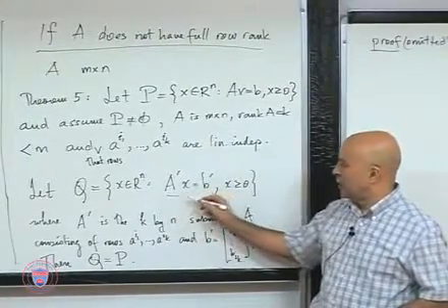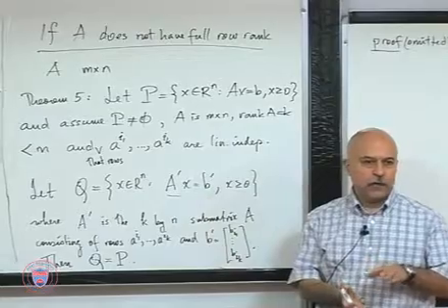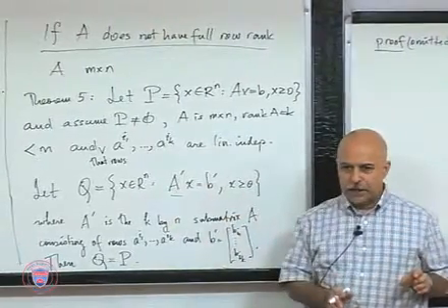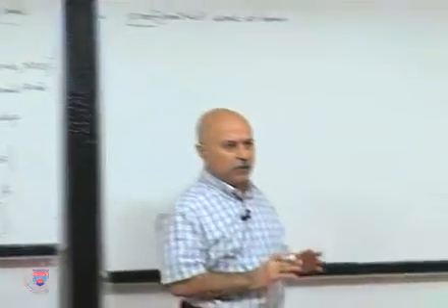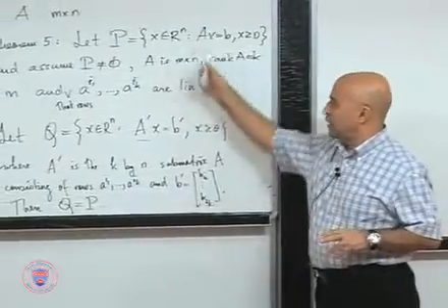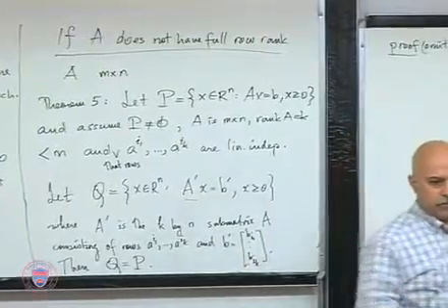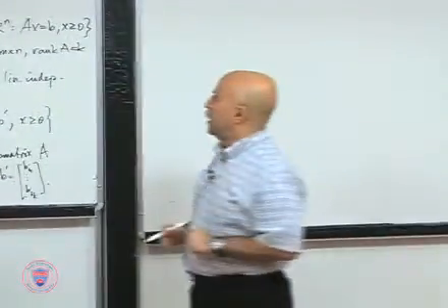So A', in this case, will have full row rank. It will be k. So all the theorems that we use will apply to this rather than that. But Q and P are the same, so there's no problem. Okay? All right.